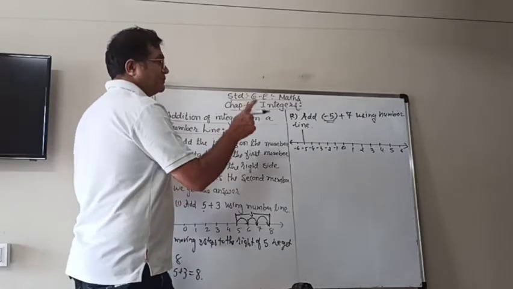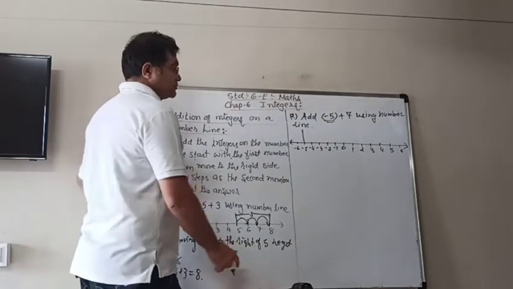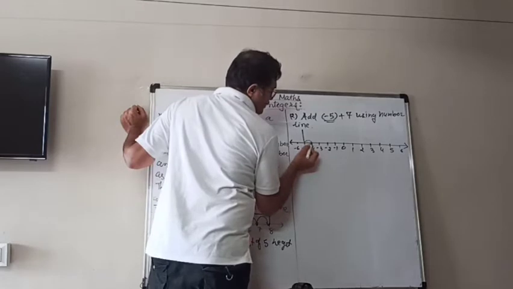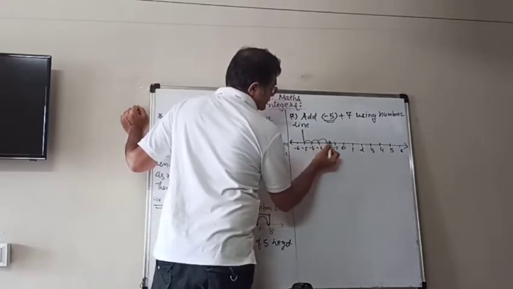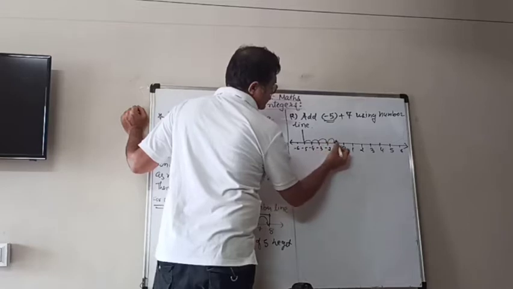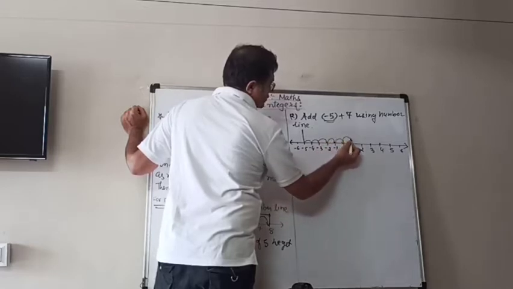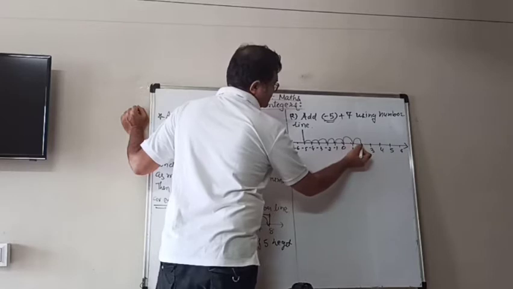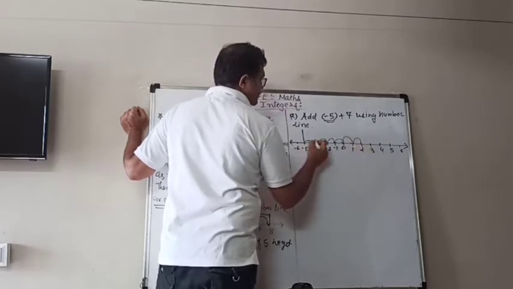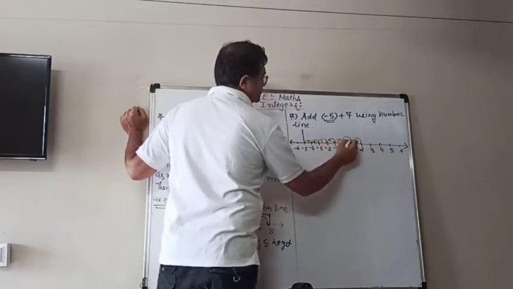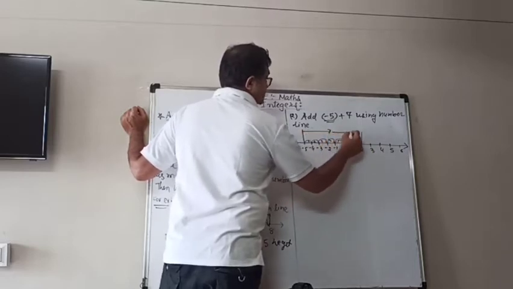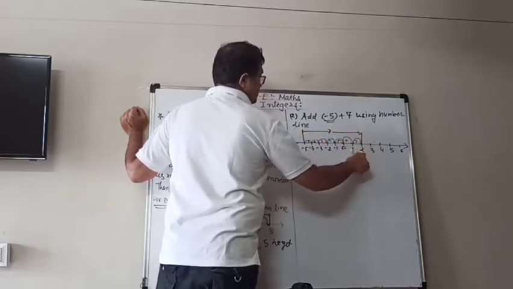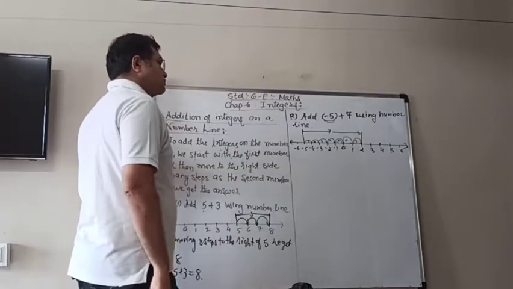Then we have to jump 7 steps. So we can start from here: 1, 2, 3, 4, 5, 6 and 7. So we moved 7 steps to the right. What did we get? Answer 2.